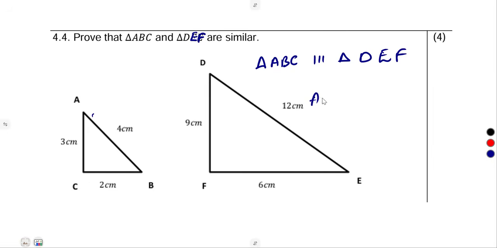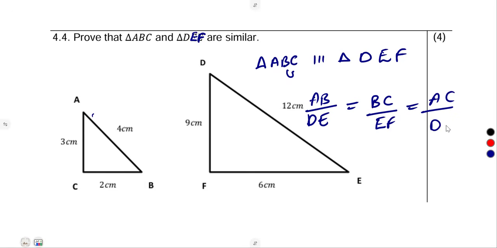So meaning to say AB over DE, and BC over EF must be equal to AC over DF. So this can actually make sense. AB, A to B, which is 4, over DE, which is 12.